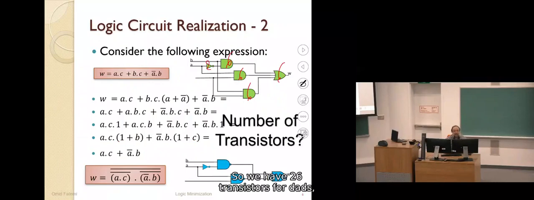So we have 26 transistors for that, and here we have 4, 4, than 2. And we have 14 transistors for that, which is much better. Almost half, 26, 14.